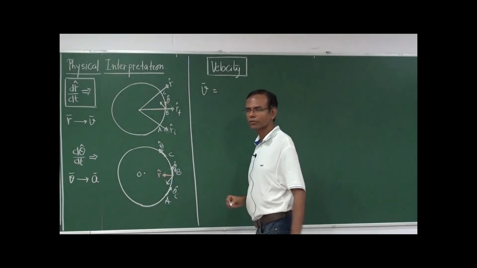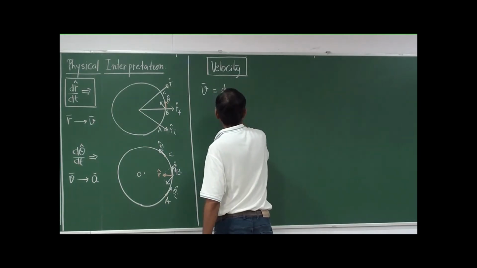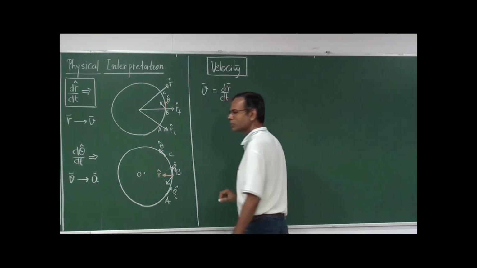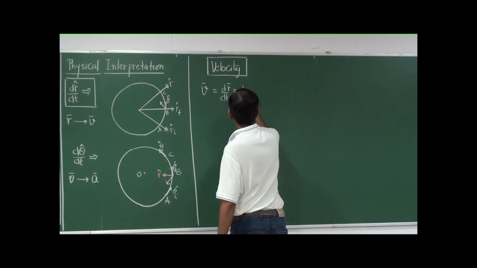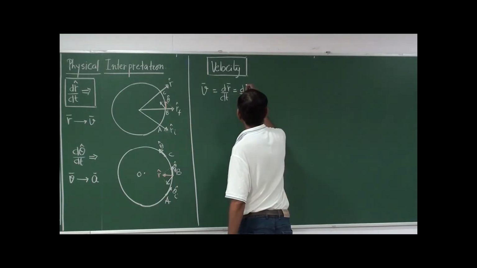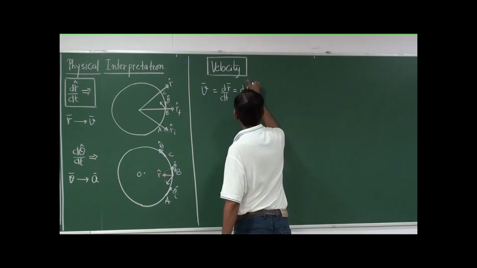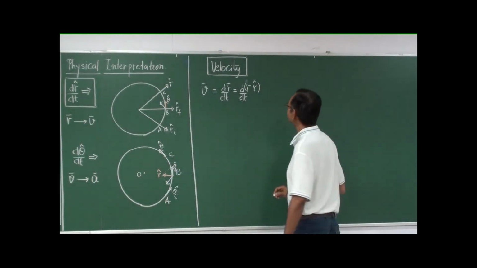What is velocity v? It is d dt of r, the position vector. And my position vector is r r cap.